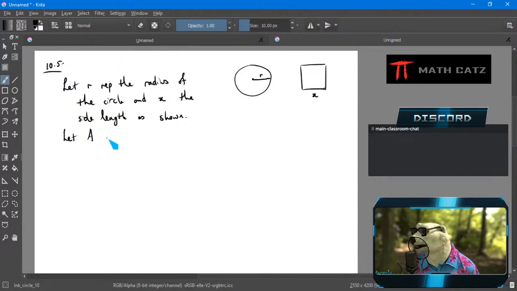I'll use an A to represent the total area. Then my function is going to be the area of the circle, which is pi r squared, plus the area of the square, which is x squared.